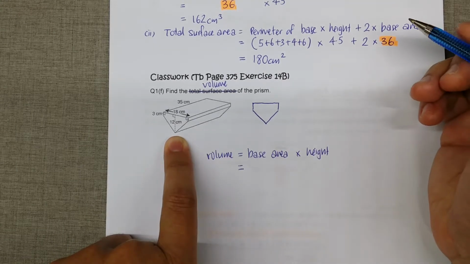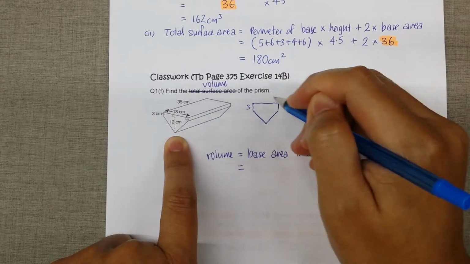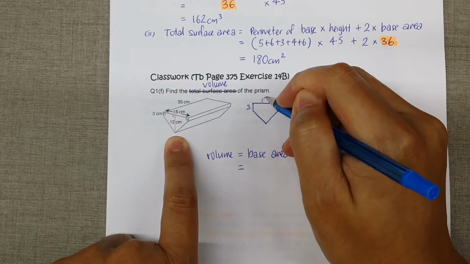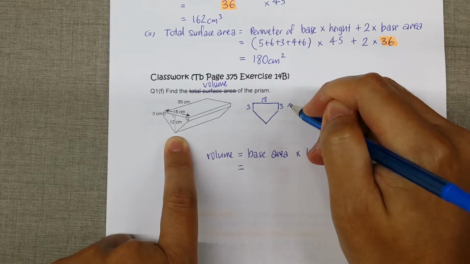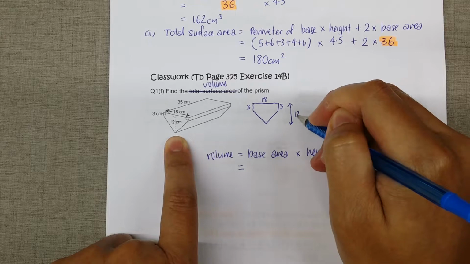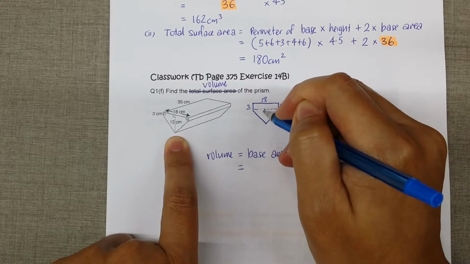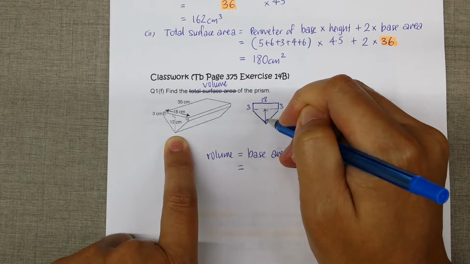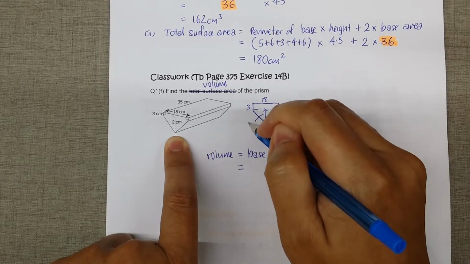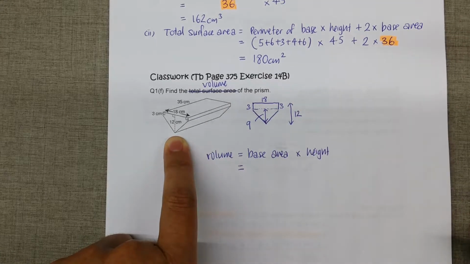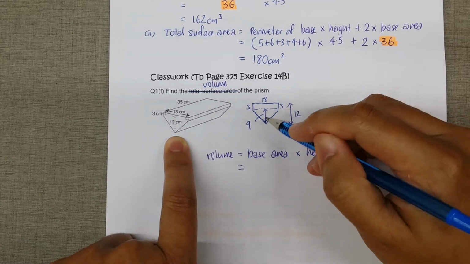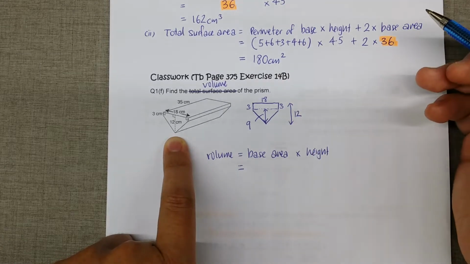A pentagon. 3 cm, 3 cm, 18 cm, and this is 12, which implies that this must be 9 cm. Am I right? 12 take away 3, this will be 9 cm.